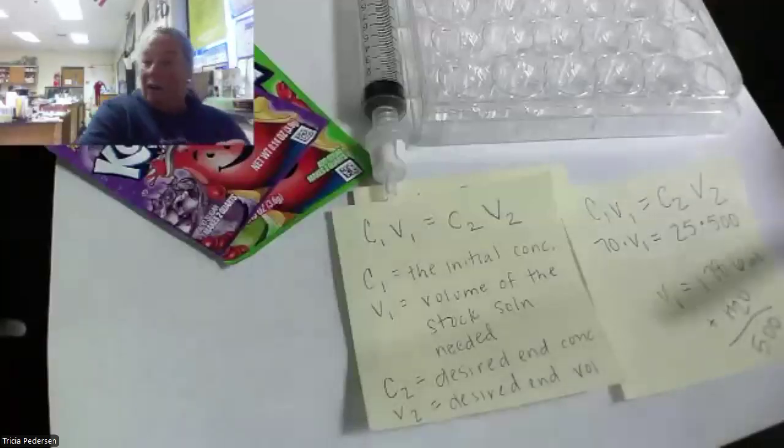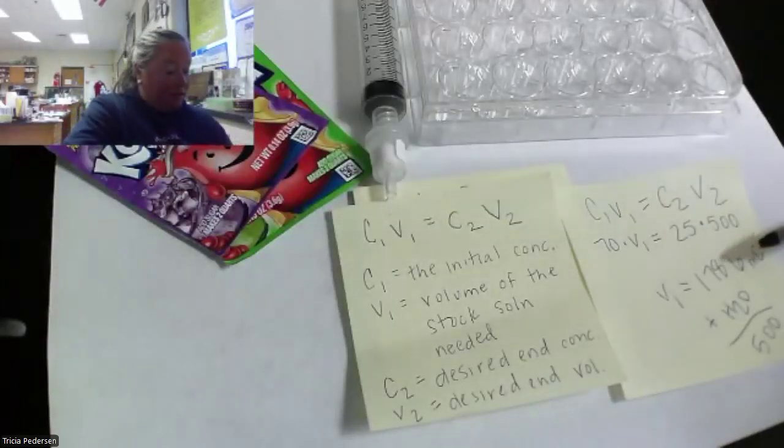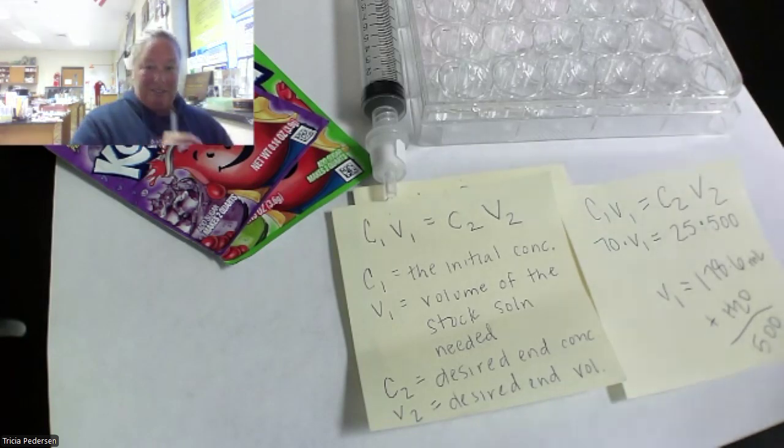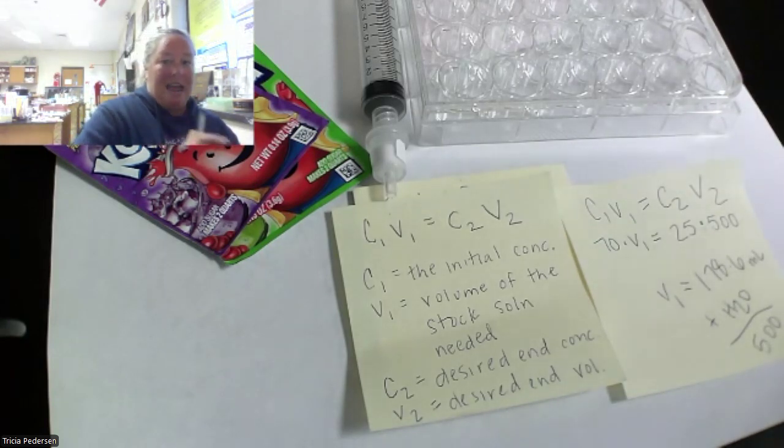I'm sorry, can you go back to why do we have to add that again to get to 500? Yeah, I'm glad you asked. So the V1, this is the amount of 70% alcohol that you need to take to add to water.